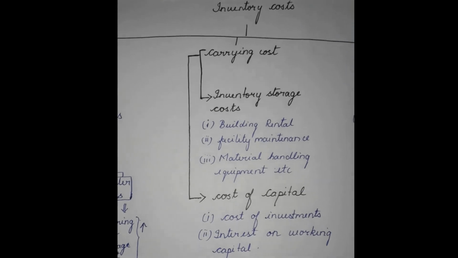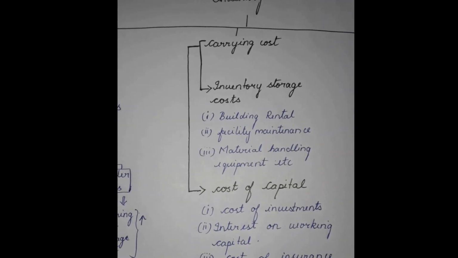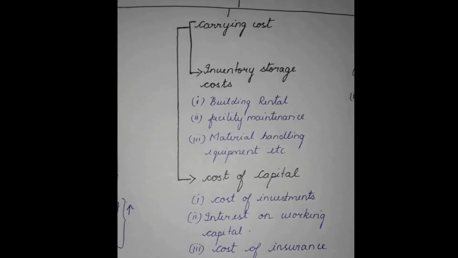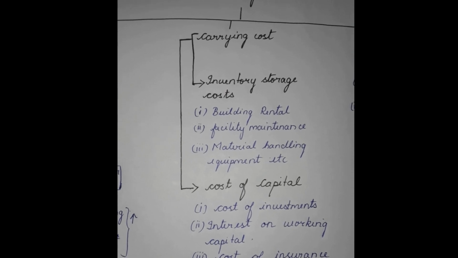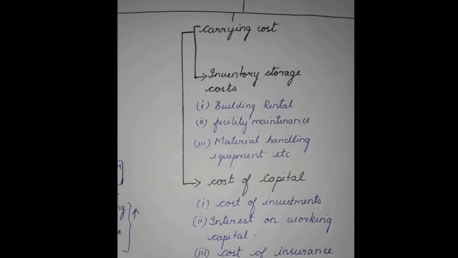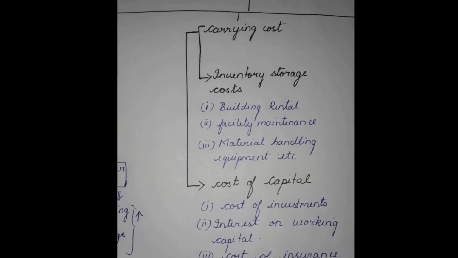Next, we look at carrying cost. Carrying cost again will primarily include two costs, inventory storage cost and cost of capital. Inventory storage cost will include all the costs incurred by a firm in order to store the goods that are acquired.